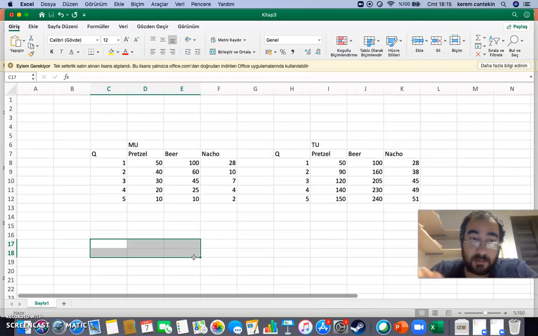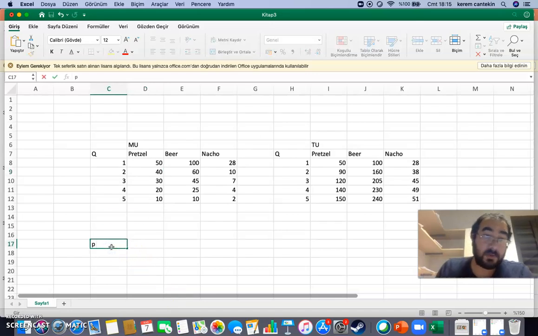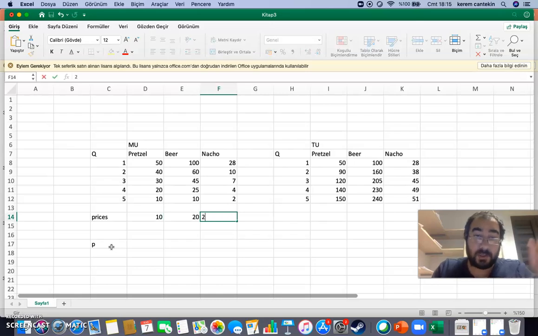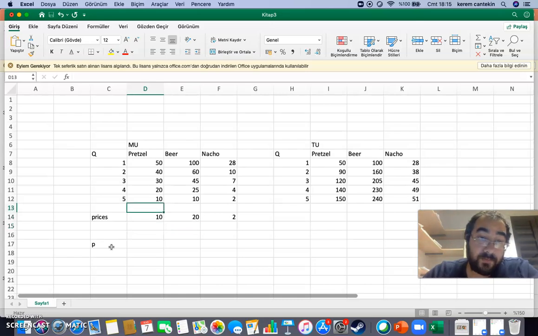Let's work through an example. Let's say the prices are $10 for a pretzel and $2 for a nacho. Currently I'm trying to decide whether I will buy a fourth pretzel with my $10, or let's say a second nacho.